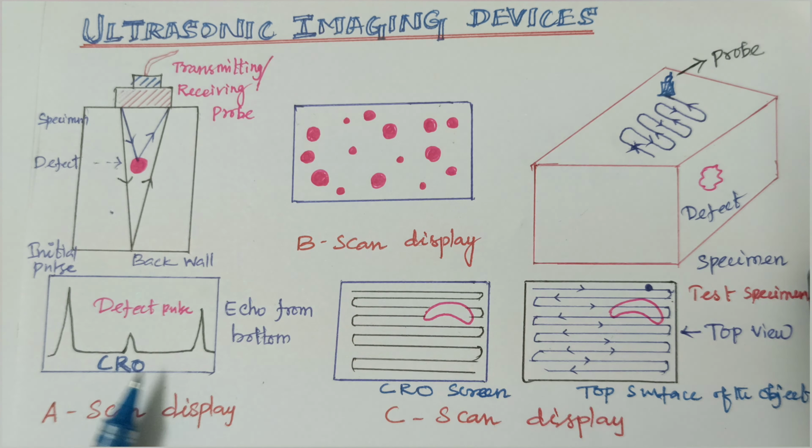These were already discussed, very similar to the reflection method of ultrasonic testing. This is the A-scan display, which depends on the intensity of the peak, that is the amplitude modulation of the peak. So this is A-scan.